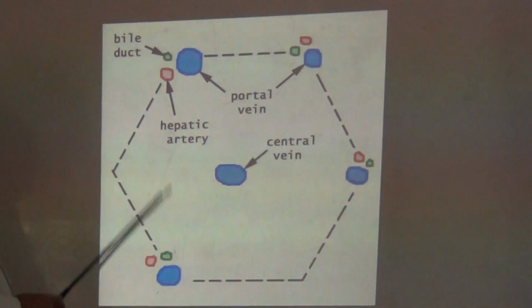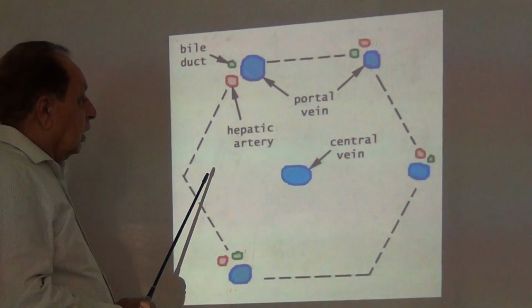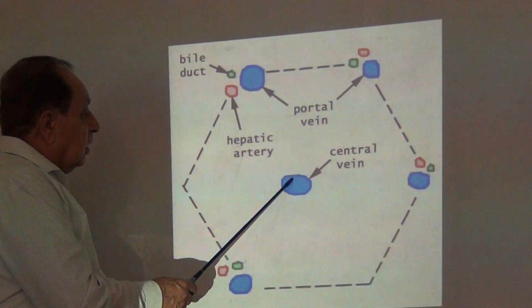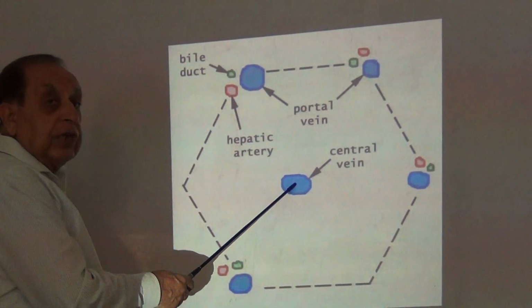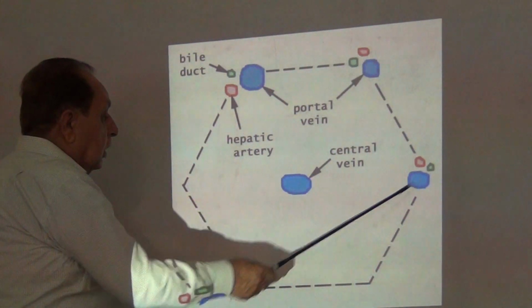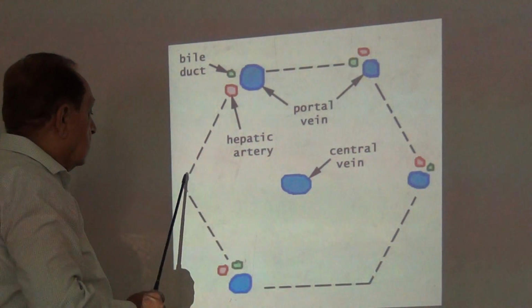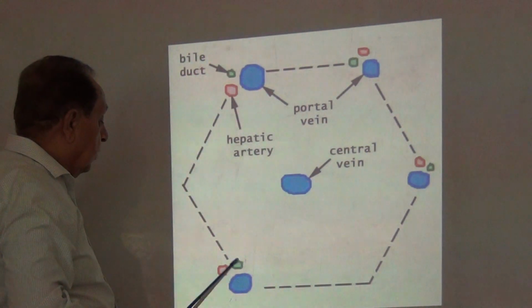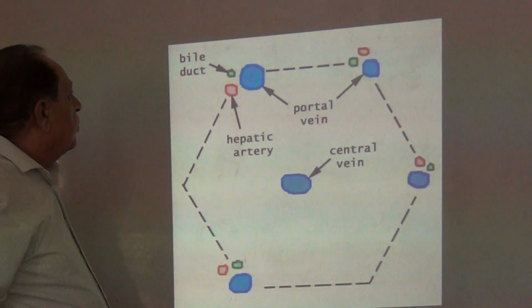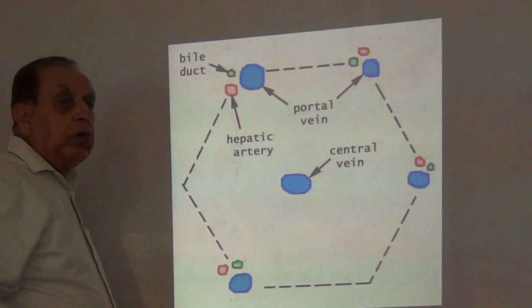Now this hepatic lobule, hexagonal in shape, has a central vein in the center, and at each corner it has small pyramidal or triangular shaped areas called the portal areas.